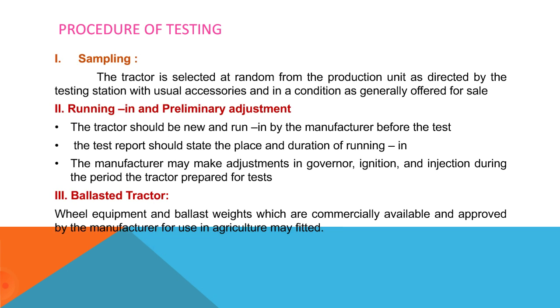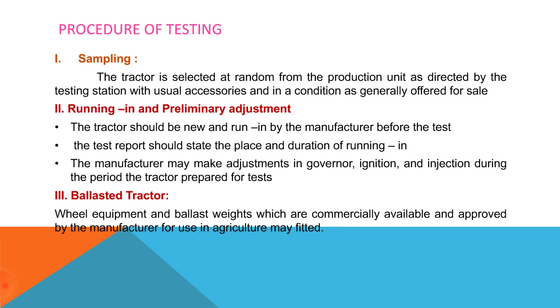First, sampling. Firstly we need a sample for conducting the test, right? A manufacturer who wants his machine or its model to be tested will give an official submission to the government, so that his machine is tested and a test report and test certificate are issued.